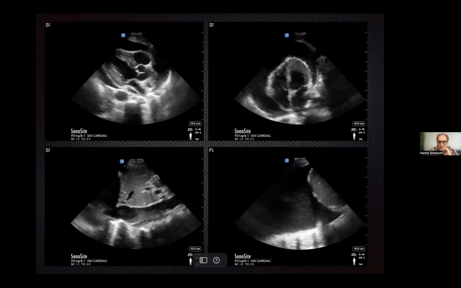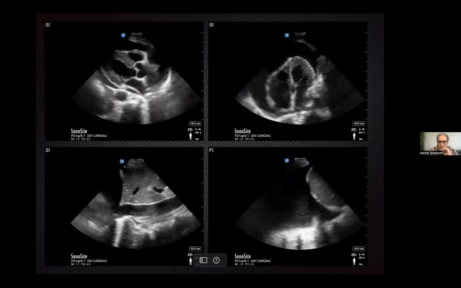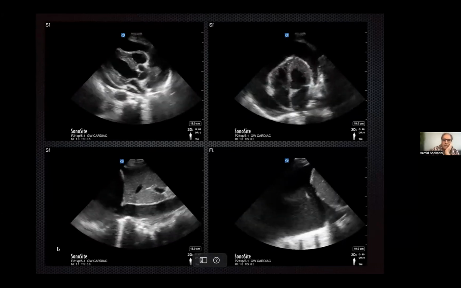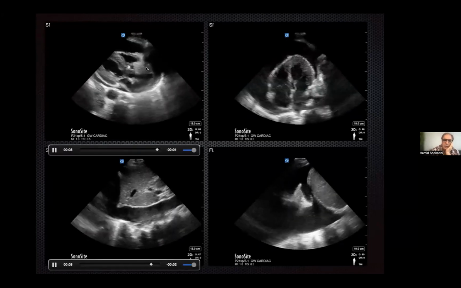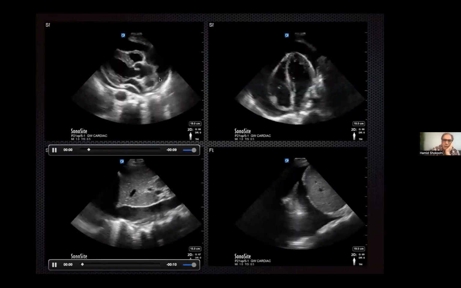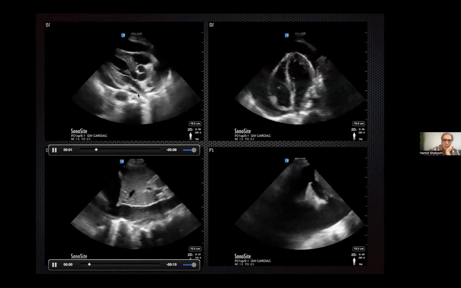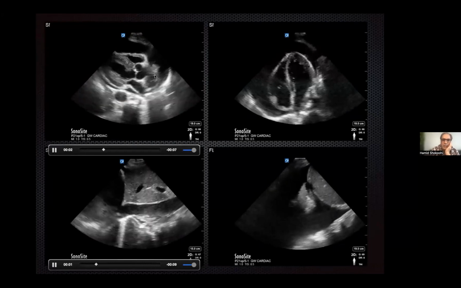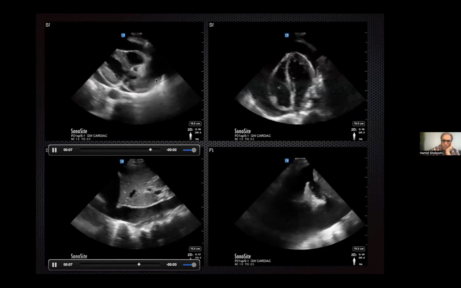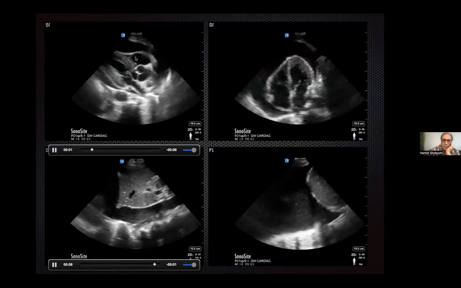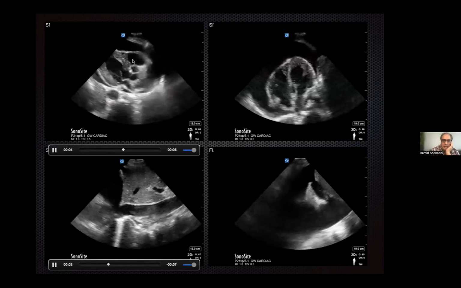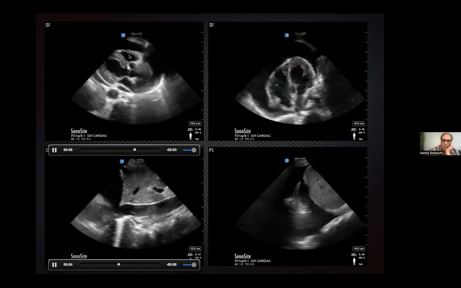You put the probe on, and this is the picture you are seeing. As you can see here, in the left upper corner, this is the parasternal long axis view of the heart. And you see a large pericardial effusion all around the heart. Despite the fact that you see a large effusion, you don't see much collapsing of the RV here.